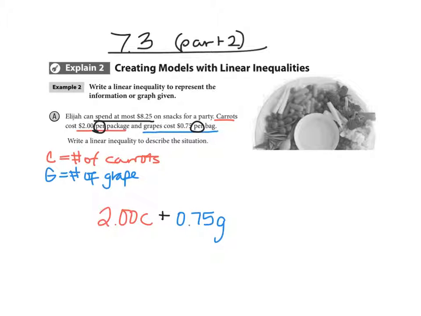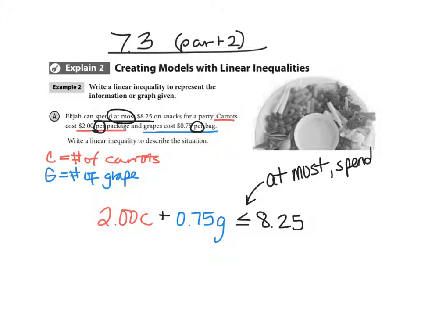Now the difference is that this one says at most, which means he doesn't have to spend $8.25 exactly. He can spend at most $8.25. That means what he spends has to be less than or equal to $8.25. This symbol comes anytime we see the phrase at most. If you think about spending money, you have to spend less than what you have, right?